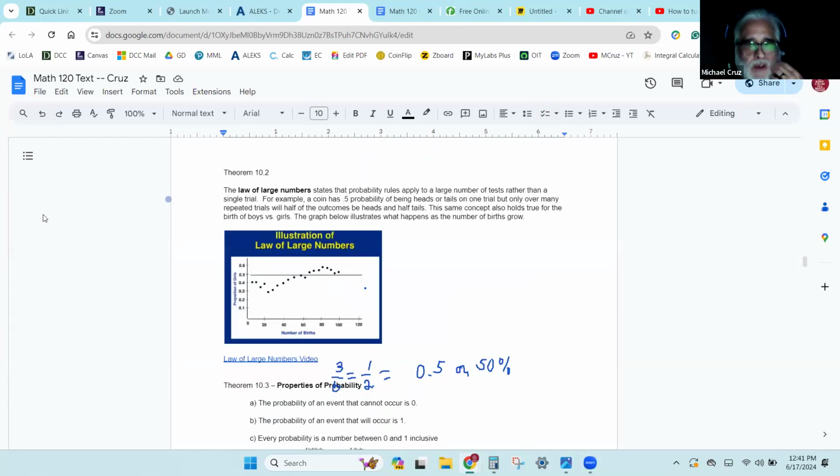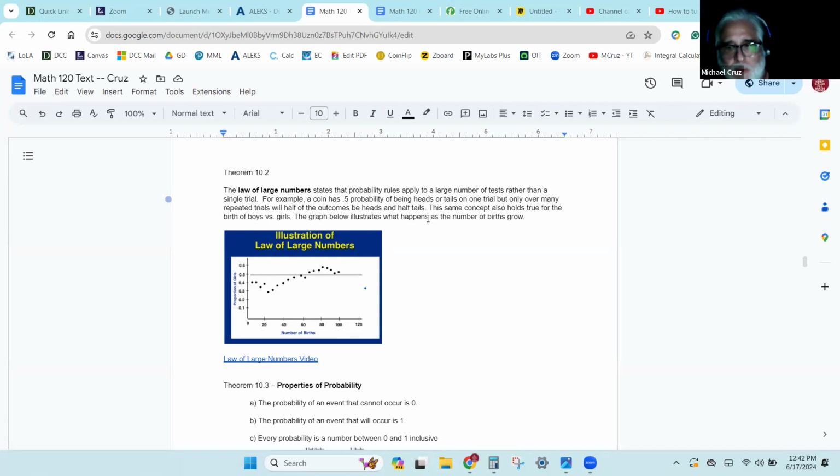All right. Now, the reason why I like to stress that empirical and theoretical probability are essentially the same thing is because the theoretical probabilities that we know about, like flipping a coin or rolling that die or anything else, are based upon this concept called the law of large numbers. The law of large numbers.